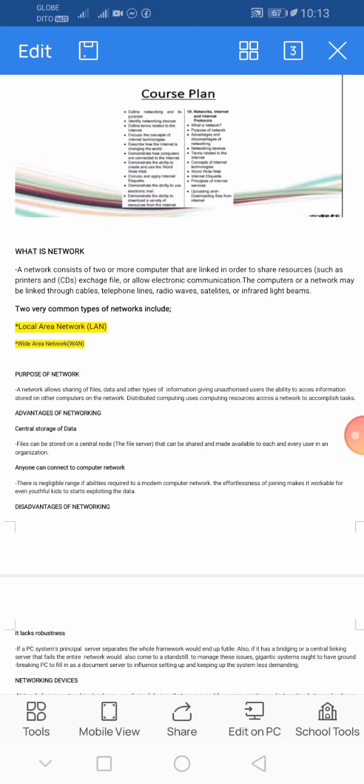What is a network? A network consists of two or more computers that are linked in order to share resources such as printers and CDs, exchange files, or allow electronic communication.